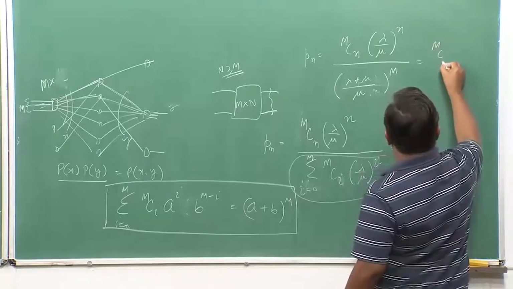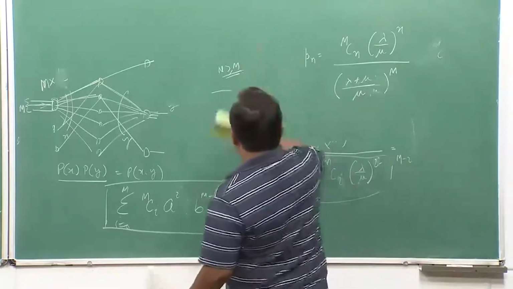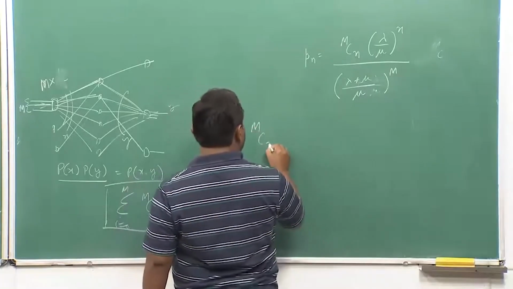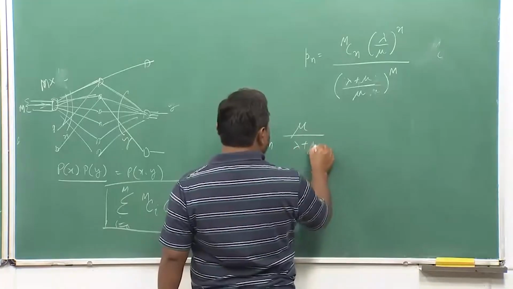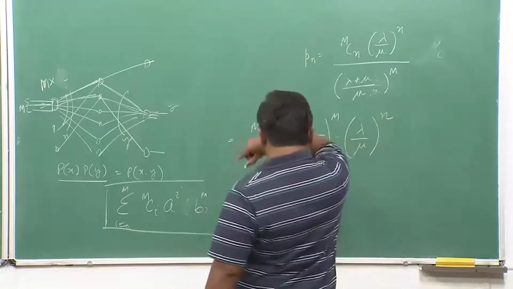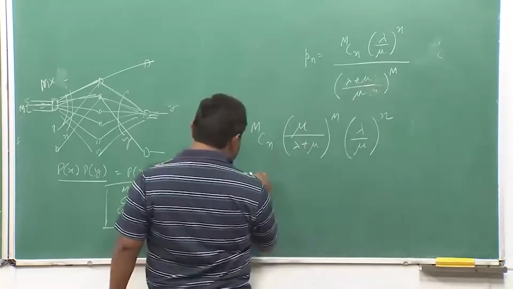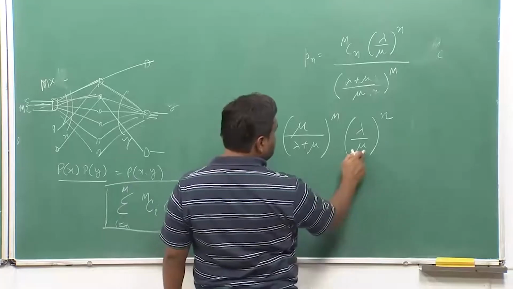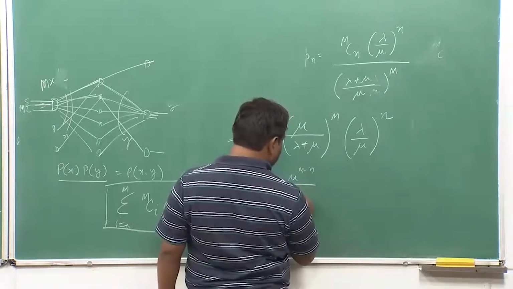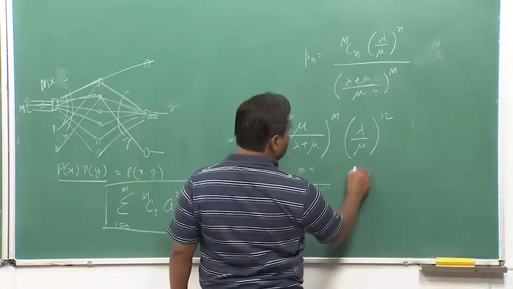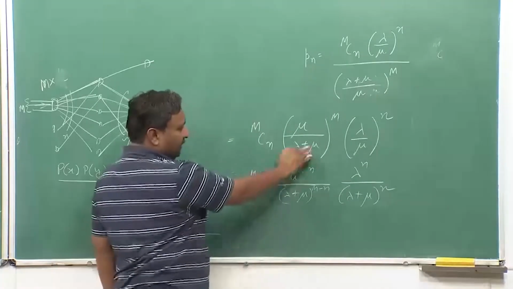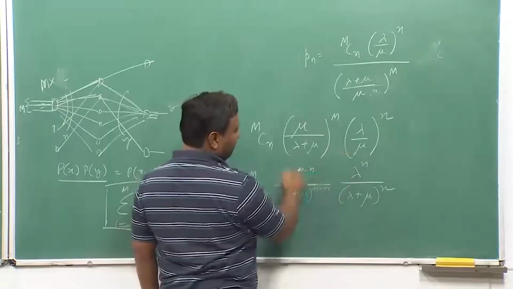So this will be mCn, let me write it down at the bottom. So we can write it as mCn. I have just split it into m and n parts: the bottom one, mu raised to the power m minus n, comes here, lambda to the power n comes here.